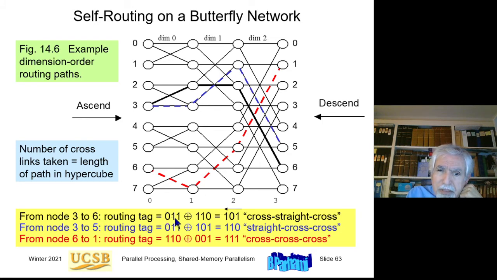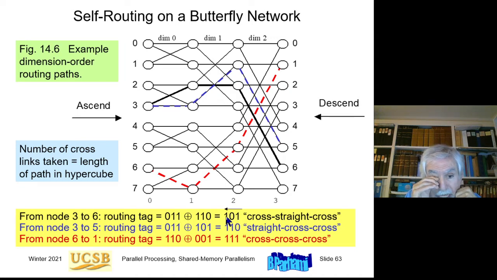3 in binary is 0, 1, 1. 6 in binary is 1, 1, 0. If you XOR these together, you get 1, 0, 1, which is called the routing tag. And the message carries with it this routing tag.